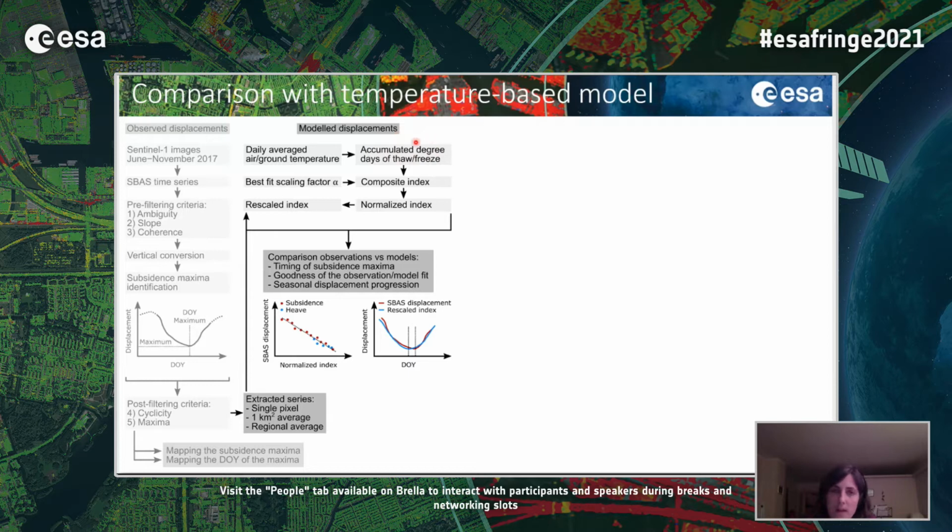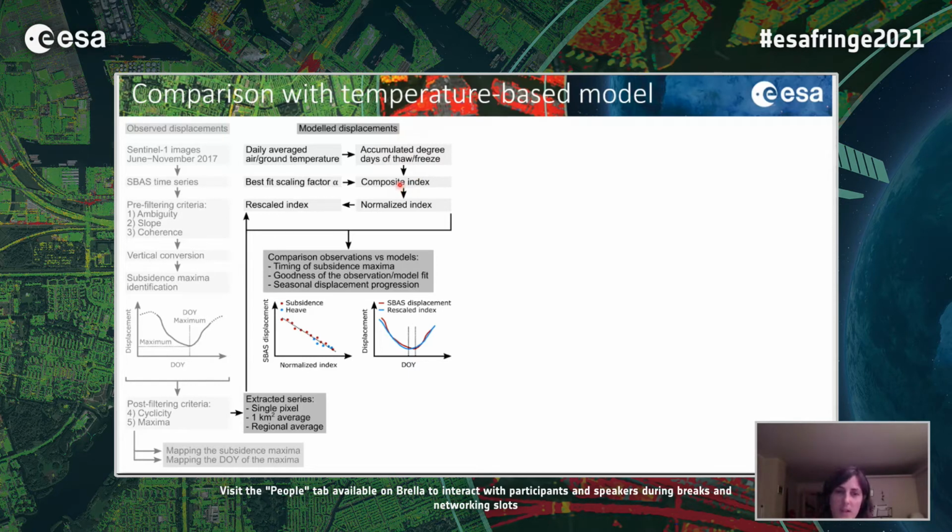And this calculation then leads to the calculation of a composite index that is temporally variable, with increasing values in summer and decreasing values after the onset of the freezing period.